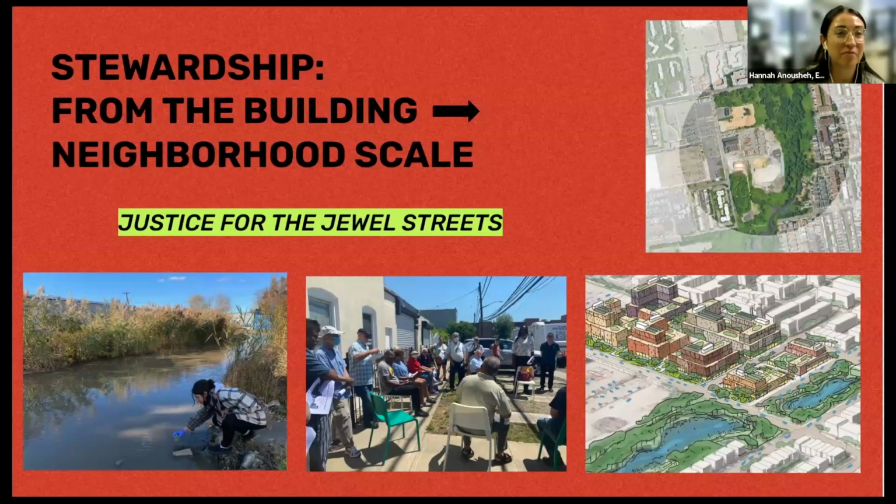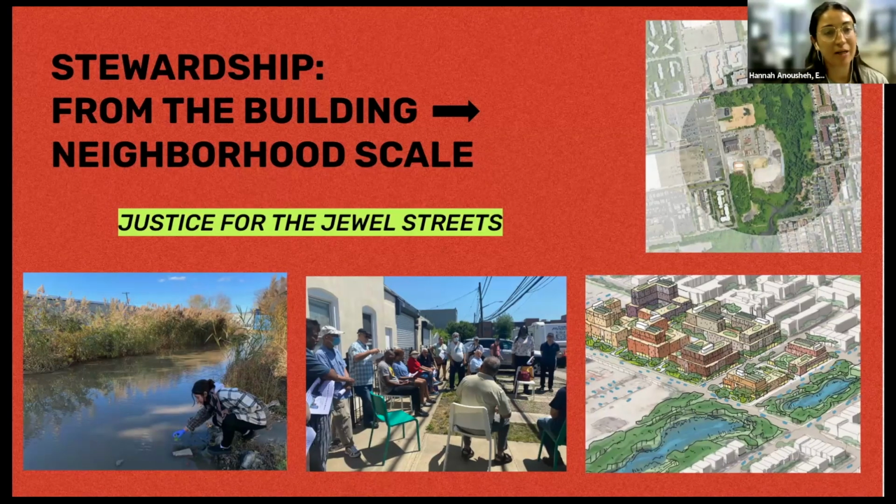So finally, I just wanted to share a little bit about our community planning work. We think of stewardship in a much broader sense than just individual property ownership.